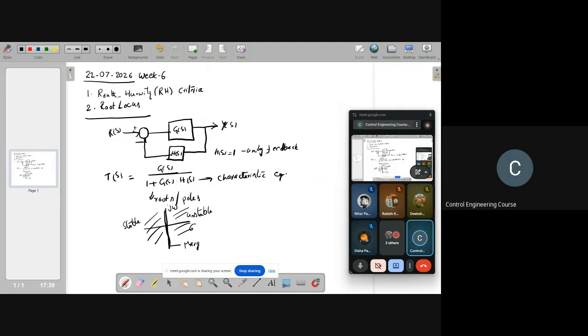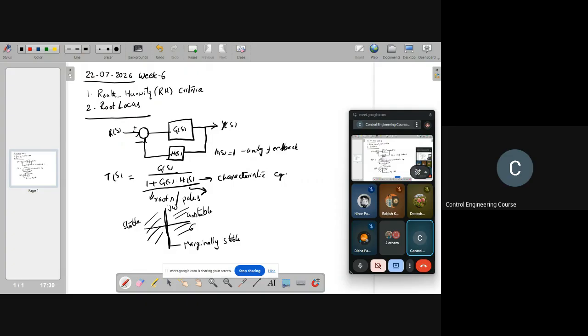That means oscillatory behavior, sustained oscillations, right? But for us to find the poles of the equation, we need to calculate the roots of the characteristic polynomial, right?